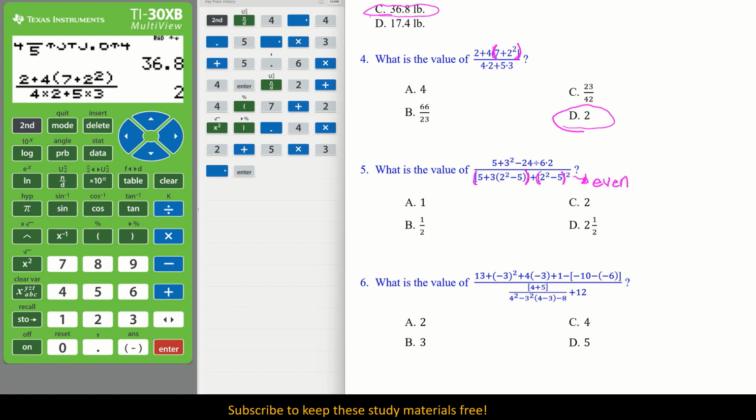The minute we see an even power, that just tells me whatever is inside the absolute value doesn't matter, because to the second power, to the fourth power, to the sixth power, it's all going to be even in the end anyway. Okay, so for this, we have a very safe setup. We can just put in parentheses instead.